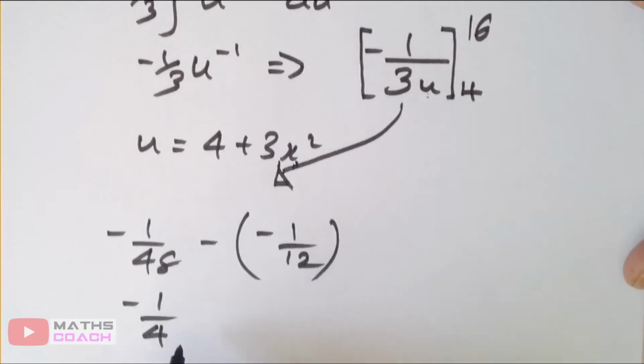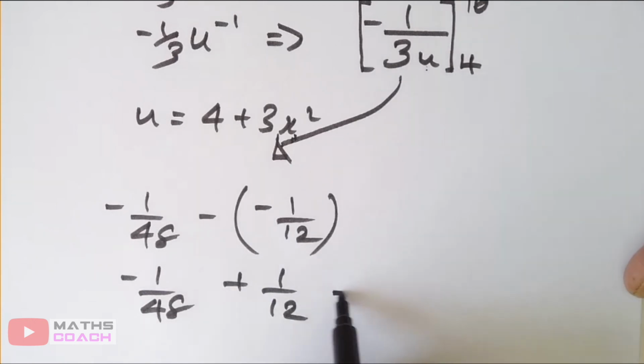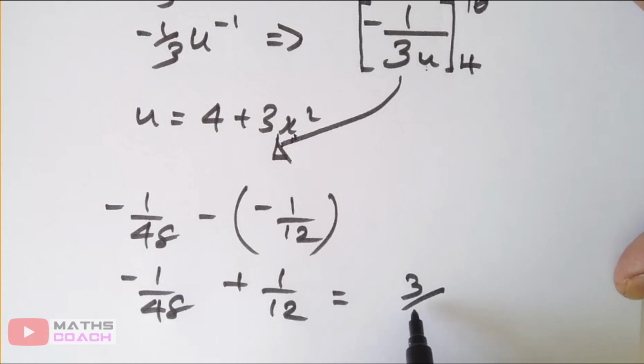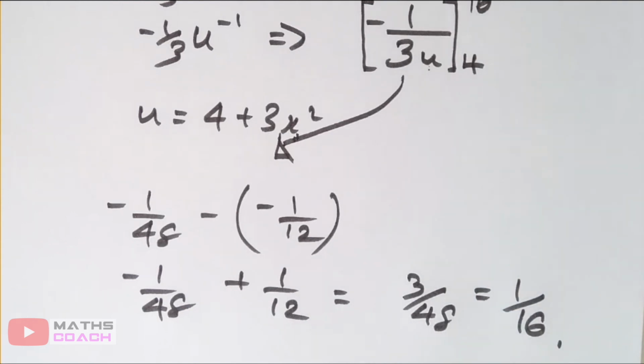You have minus 1 over 48, add 1 over 12, and that's going to be clearly a value of 3 over 48, which becomes 1 out of 16. The exact value for this question is 1/16.